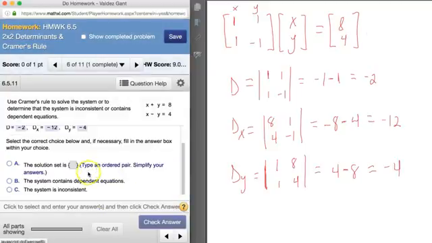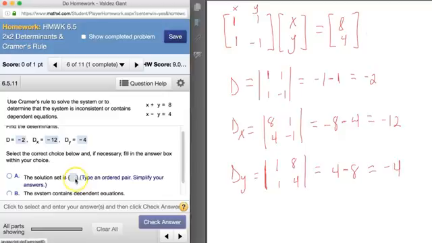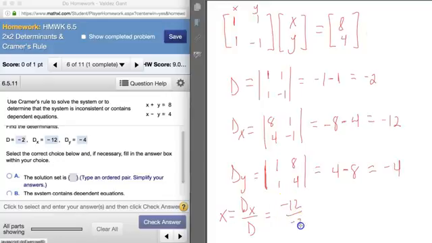Okay, so then the solution set to the system would be as follows. So we know that x would just be d sub x over d, which in this case is negative 12 over negative 2, which is a positive 6.